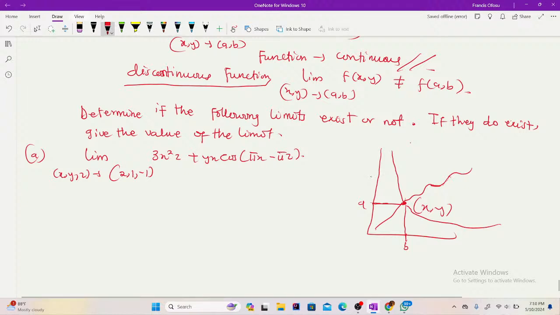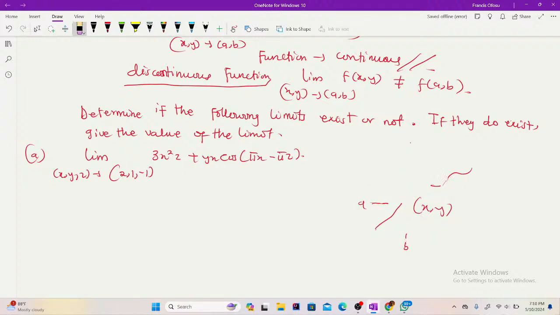But take note, from the continuity I just explained to you, you know that a continuous function has a limit equal to its functional value. So sometimes, in order to solve the limit of a function, just identify if the function is continuous. If your function is continuous, then the limit will automatically exist.